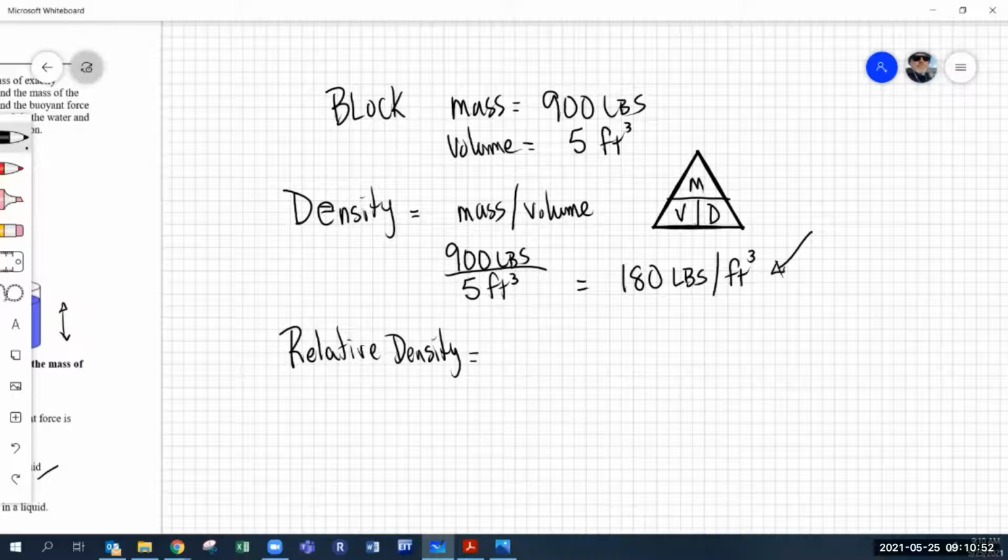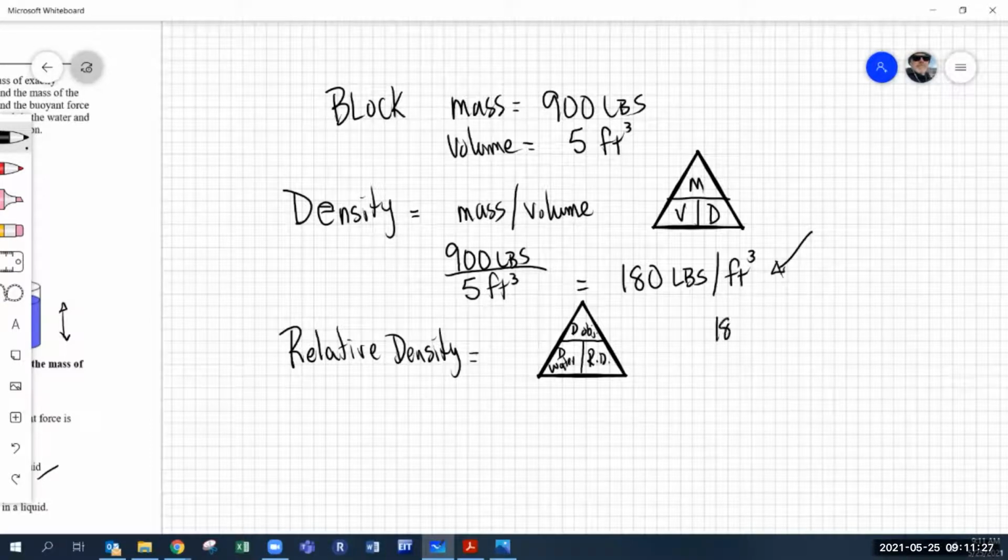Now, the relative density is how many more times heavier it is than water, right? So I'm going to give you another formula triangle here. We take the density of the object and we divide it by the density of water, or air if it's a gas, but if it's a solid or a liquid, it's by water. And that will give us our relative density.